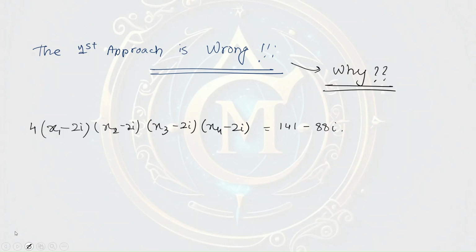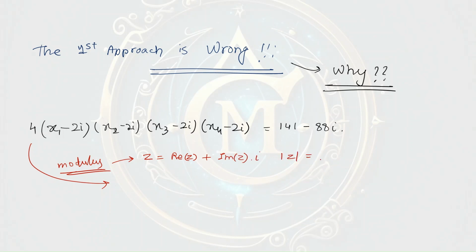Now when we took the modulus of both sides, the modulus of a complex number z, equal to, let's say, real part of z plus imaginary part of z times iota, is calculated as root of real part of z square plus imaginary part of z square.